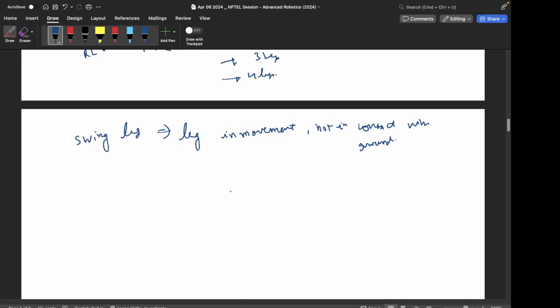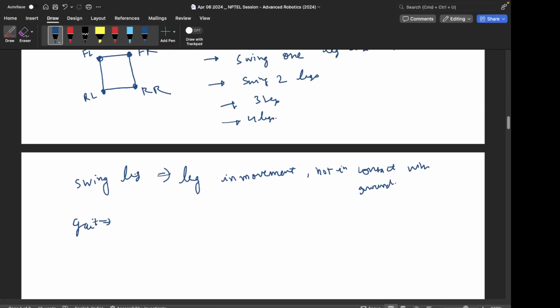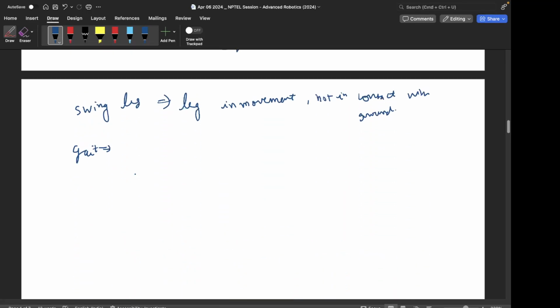So a gait can be defined using two sets of parameters: phase offset and duty factor. So what are these two terms?